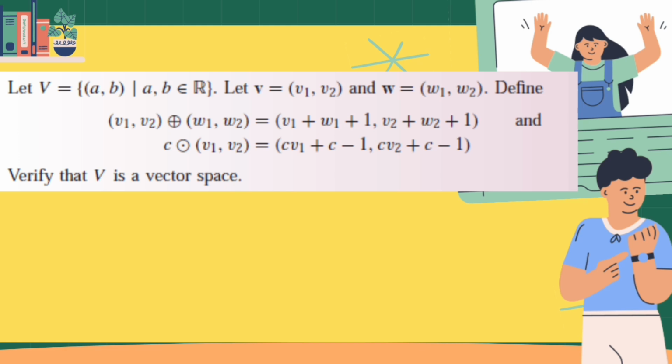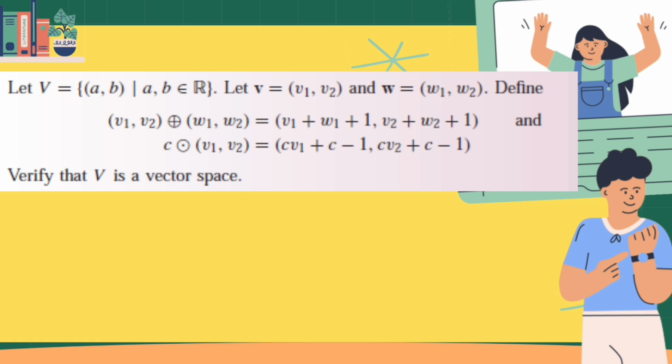Okay, another example, a more interesting case. Let V equal the set of pairs (a, b) such that a and b are elements of R. Define addition as (v1, v2) plus the quantity (w1, w2), that is equal to (v1 plus w1 plus 1, v2 plus w2 plus 1).